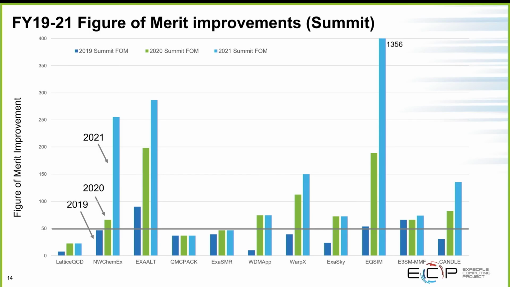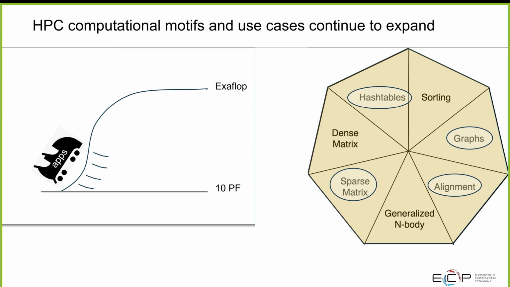I'll do it under the general topic that HPC computational motifs and use cases really are expanding compared to what I've seen in the past 20 years or so. A lot of them are expanding in directions that are very hard to get performance on this class of systems. I'll tell you what some of the underlying motifs are and why. Distributed hash tables, a lot more graph analytics problems, things like sequence alignment for doing metagenomics.